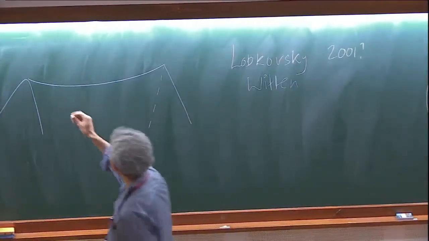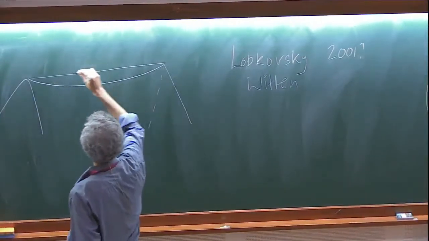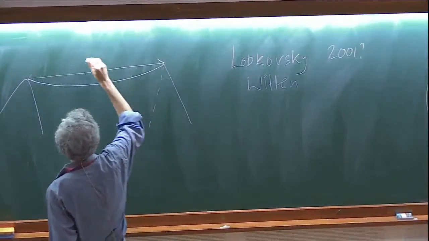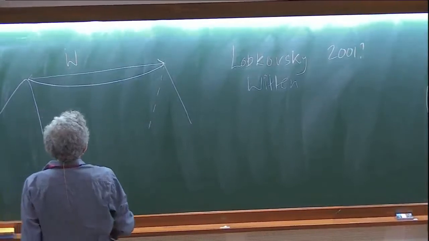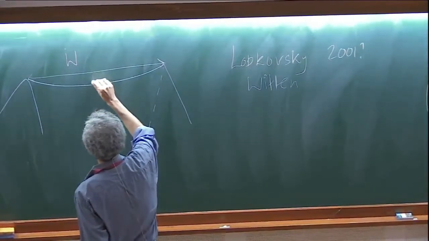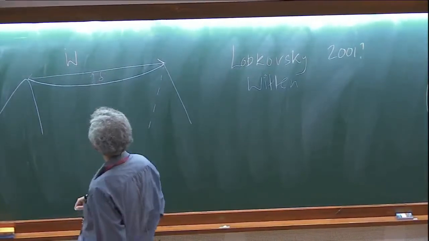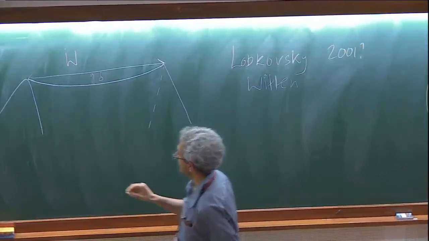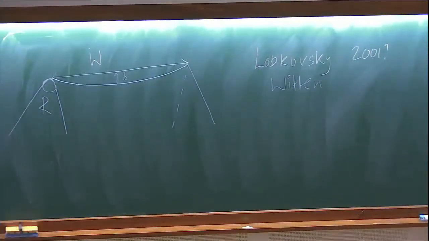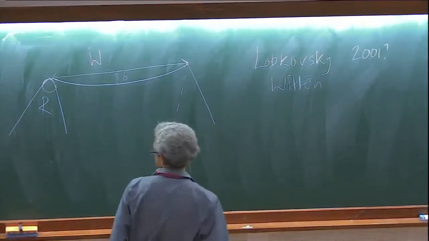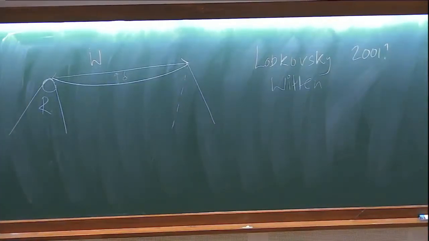So what I'm claiming is that if the size of this ridge is W, what we've been using for how big things are, then it always will sag by some amount, and it'll develop a radius of curvature here. What we'd like to do is make some estimate of how much that sag is and how much that radius of curvature is.